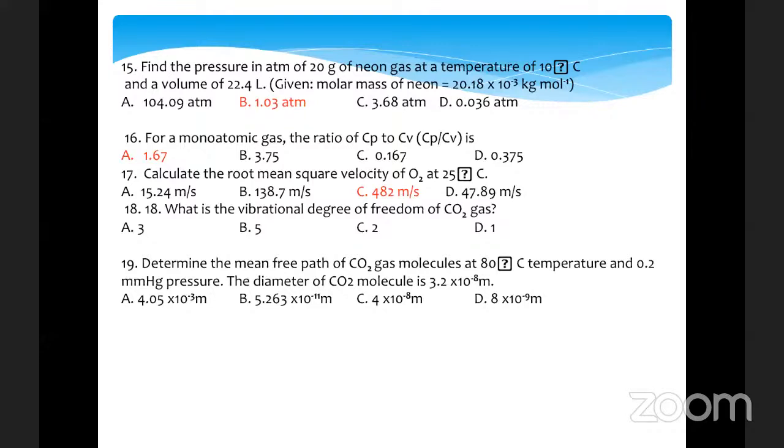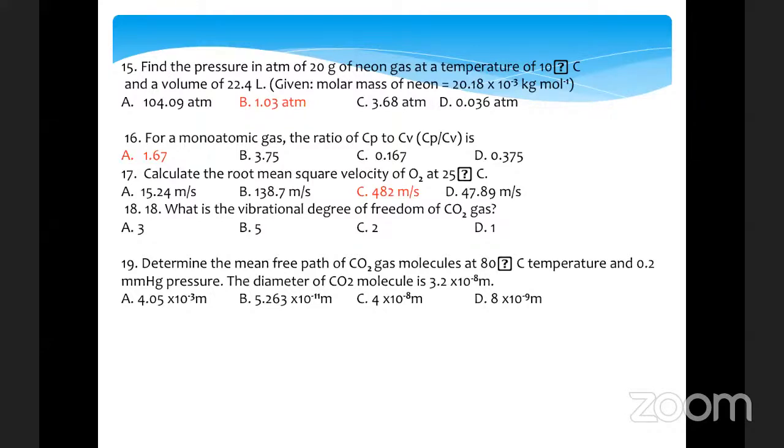Question 16: for a monoatomic gas, what is the ratio of Cp and Cv? Another question: calculate the root mean square velocity of oxygen at 25 degrees Celsius.